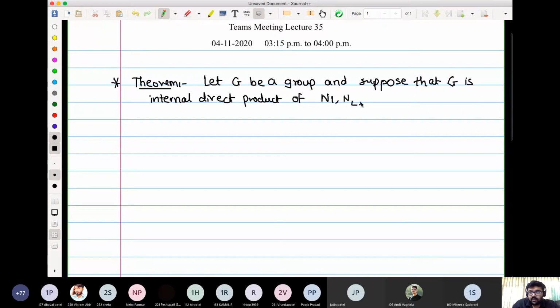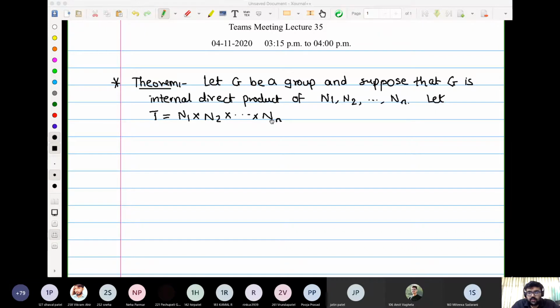As soon as we say internal direct product, it is understood that these are all normal subgroups of G, if you recall the definition. And let us call T the external direct product, T equals N1 cross N2 cross up to Nn. So suppose T is this external direct product.